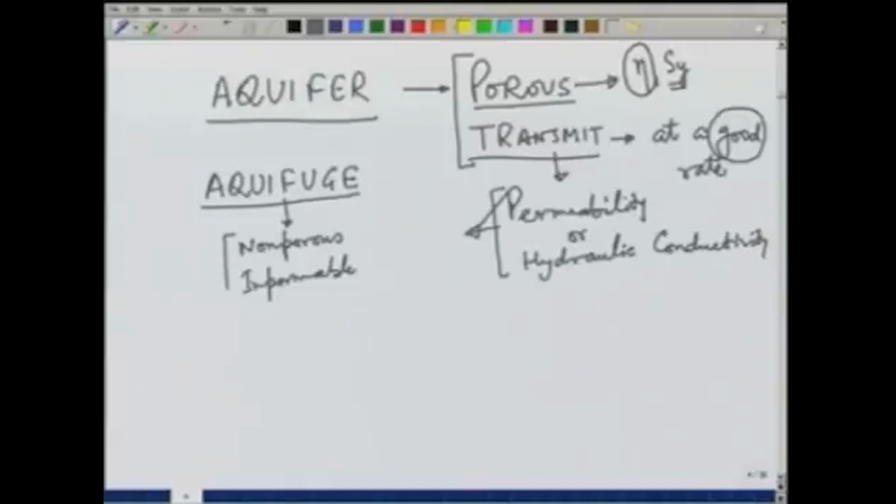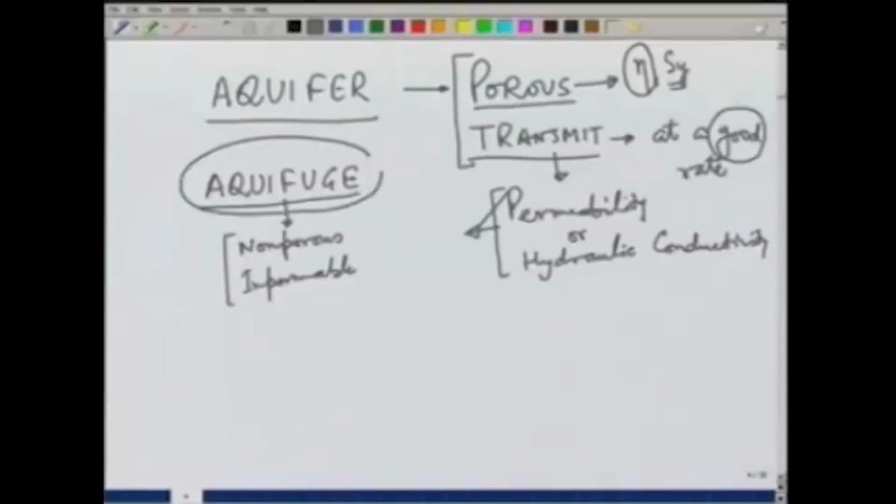So, these are of course not good for our purpose, because they do not have enough water, and they are impermeable also. So, we cannot take whatever little water is available, we cannot take it out very easily. So, examples of this aquifuge will be a rock which has very small porosity and very small conductivity. So, this of course is not useful for our purpose.